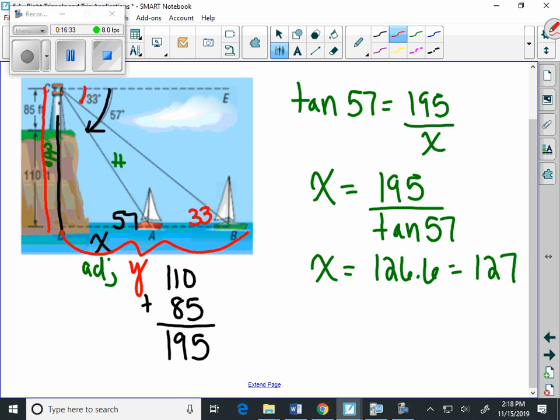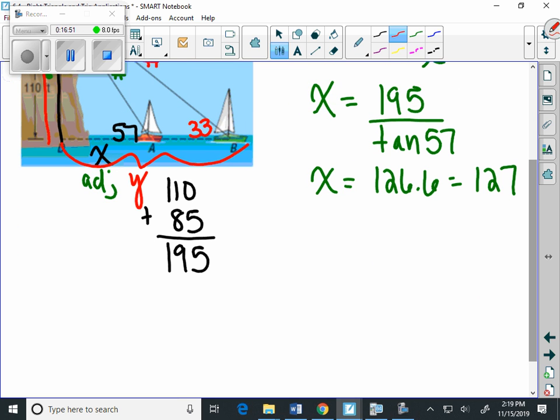So when we set this up, we need to label. Our opposite is appropriate. Across from the right angle is the hypotenuse, which means that the adjacent is also labeled appropriately. And when we set up the second part of this, it's going to be tangent of 33 equals 195 divided by Y. And because the value is down low, we need to switch a row. So tangent of 33 and Y are going to switch places.